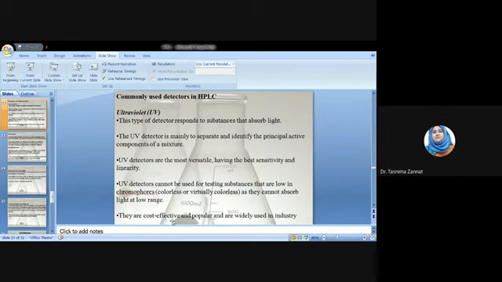And this detector is most popular because of cost effective and is widely used in the industry.